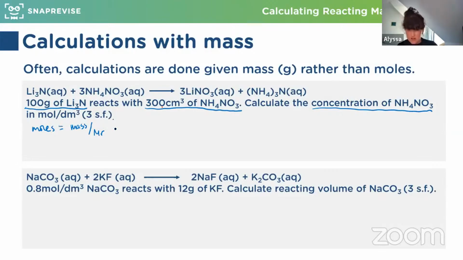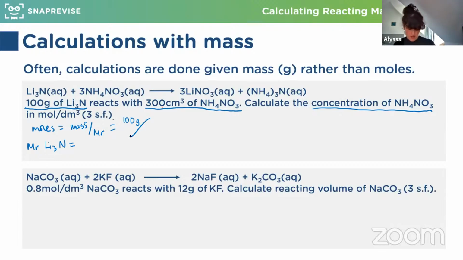So first things first, we're going to need to work out our molar mass. What's the molar mass of lithium nitride? Has anybody got their periodic tables up next to them? Because we know we've got 100 grams of it, and we need to divide it by its molar mass. What is its molar mass?